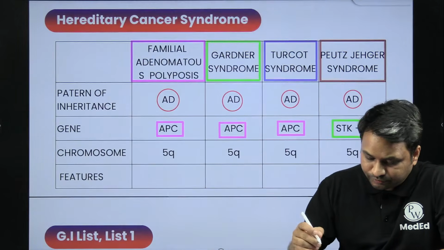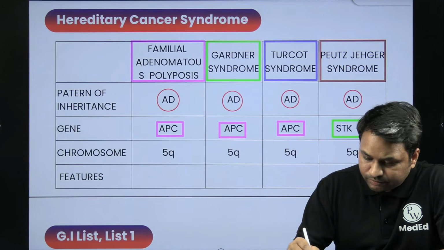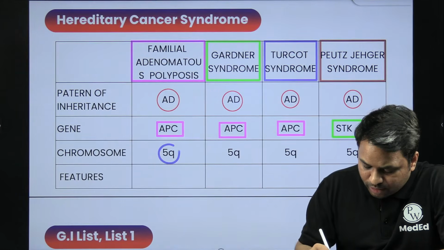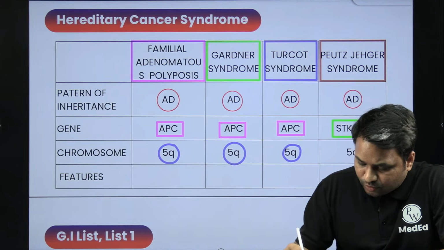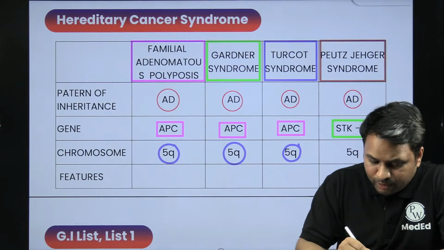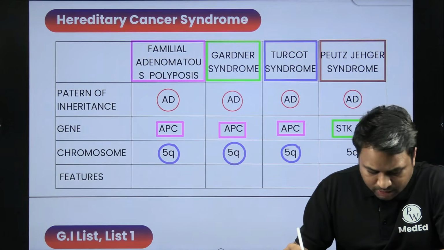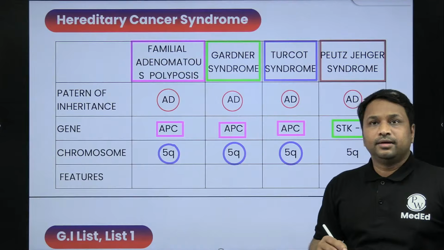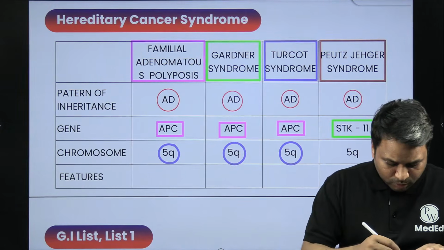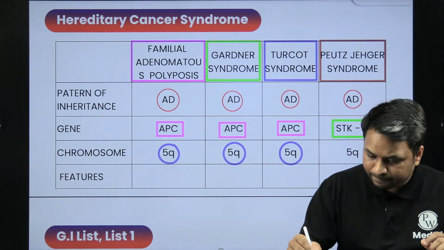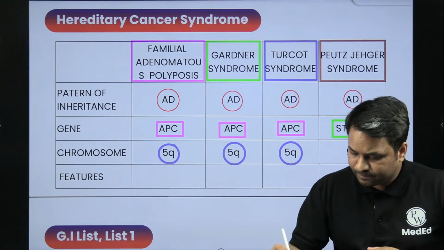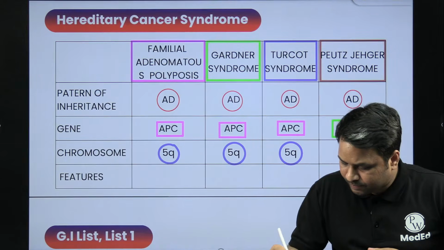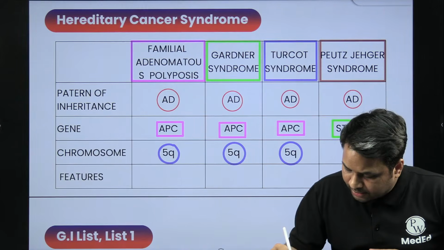Now, the chromosome which is involved, the chromosome for FAP is going to be 5q, Gardner is 5q, Turcot is 5q, but when you talk about Peutz-Jeghers syndrome, it is chromosome number 19p, right? It is misprinted here. It is chromosome number 19p.